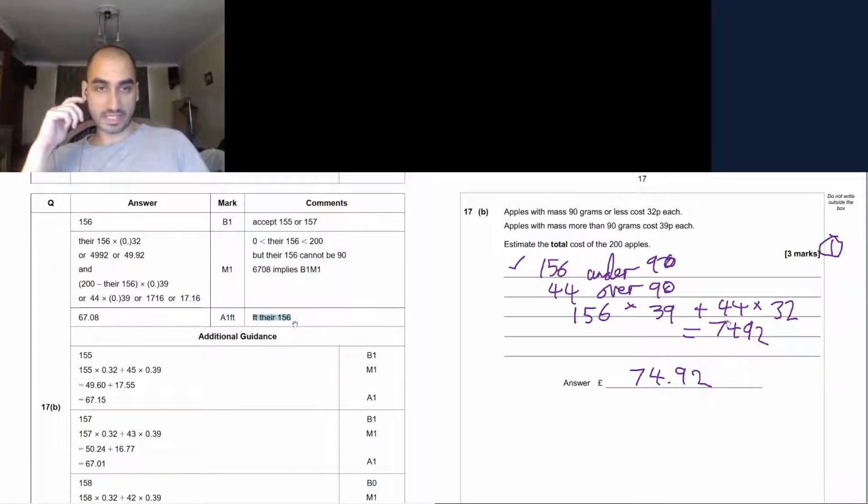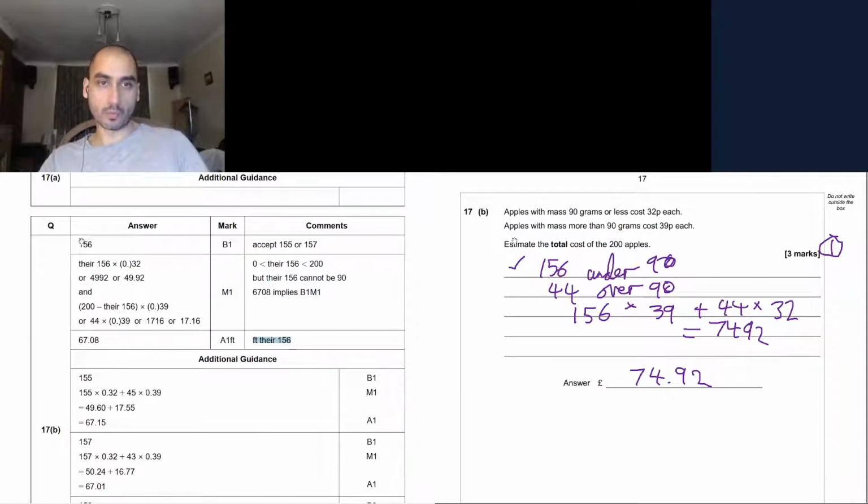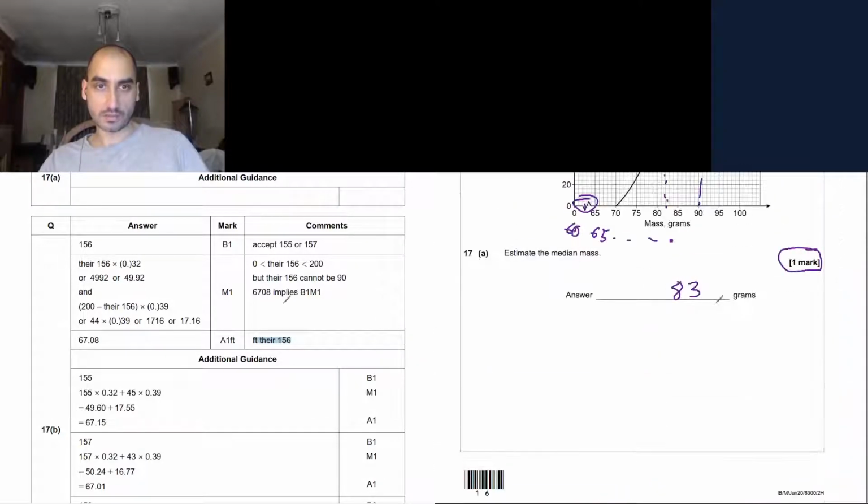But what they don't really account for is what if you got the equation wrong. They only seem to care about whether you got the number 156 correct.